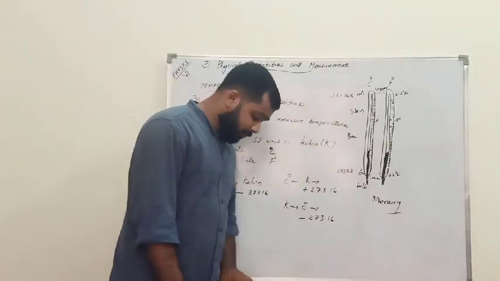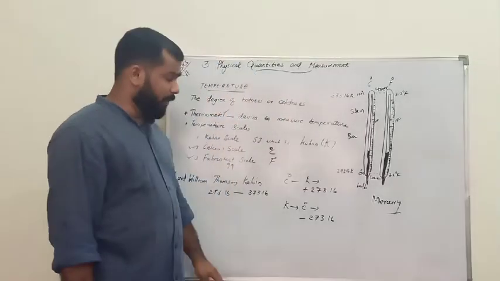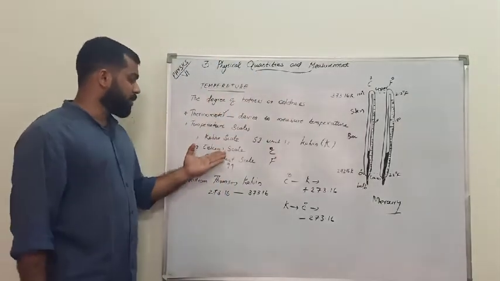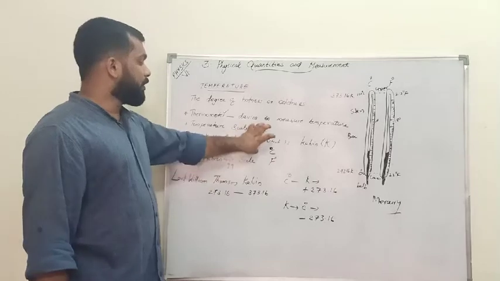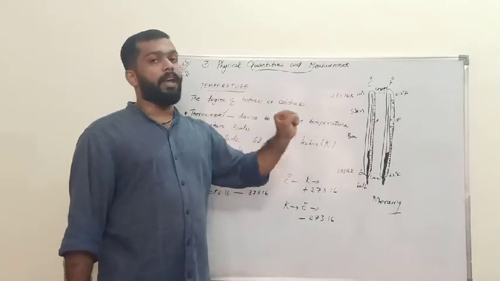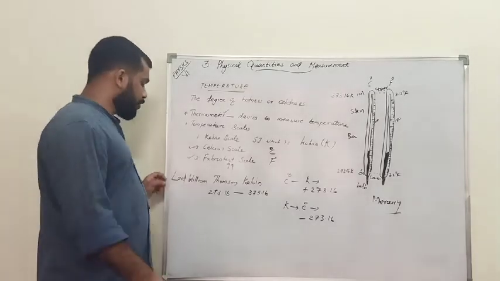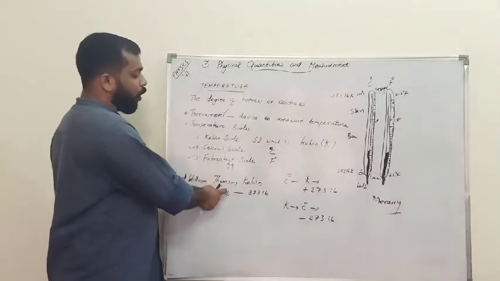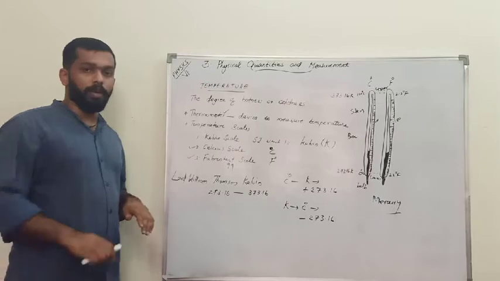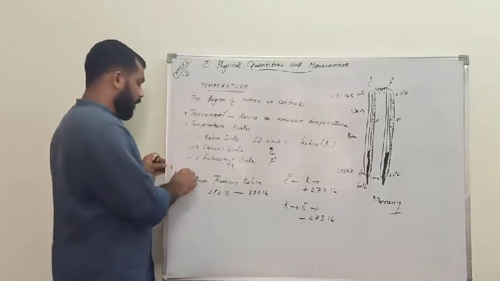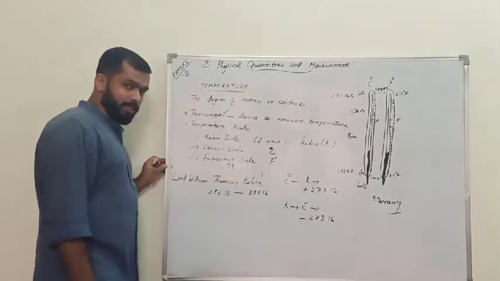Even though we commonly use the Celsius and Fahrenheit scales, the Kelvin scale is the SI unit of temperature. This Kelvin scale was introduced by Lord William Thomson Kelvin, one of the scientists in the branch of physics.